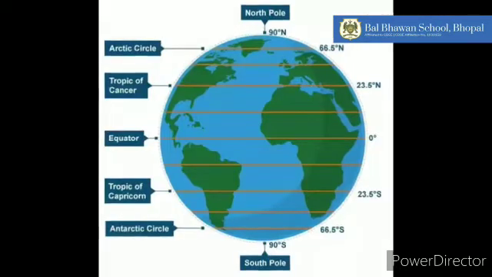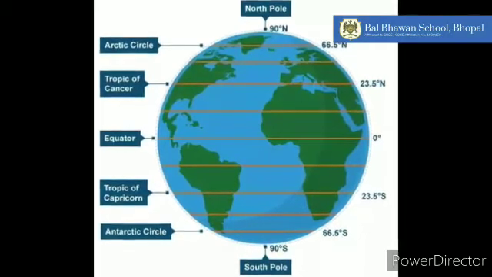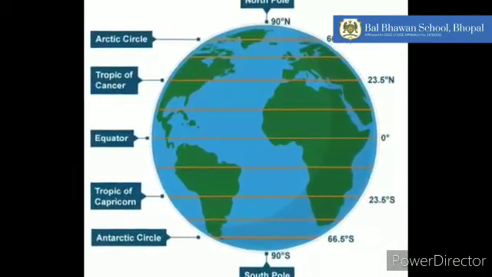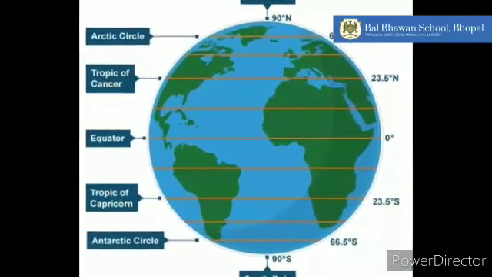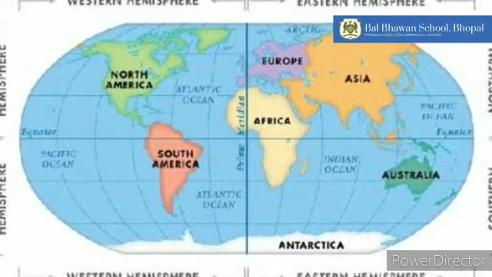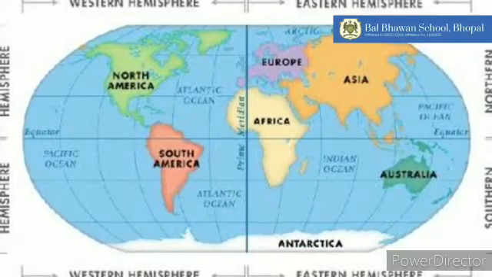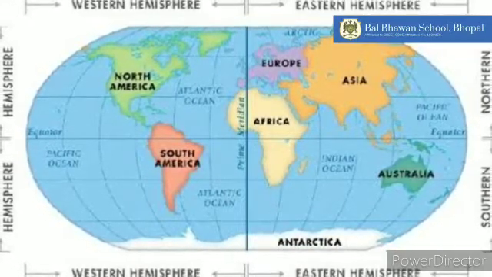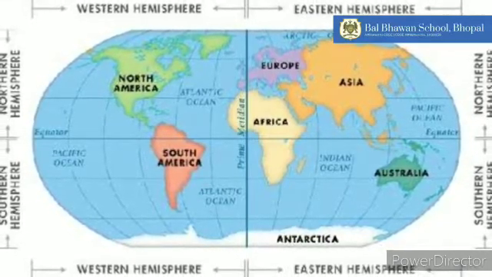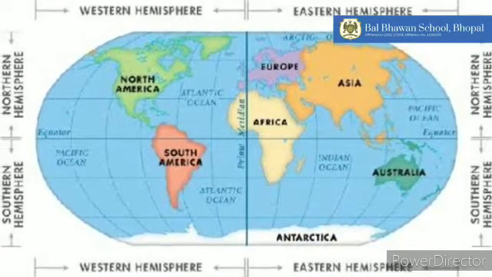And we can see that the north pole is marked as 90 degree north and the south pole is marked as 90 degree south. Now from the equator to the north pole we have 90 parallels that are marked with an interval of 1 degree.